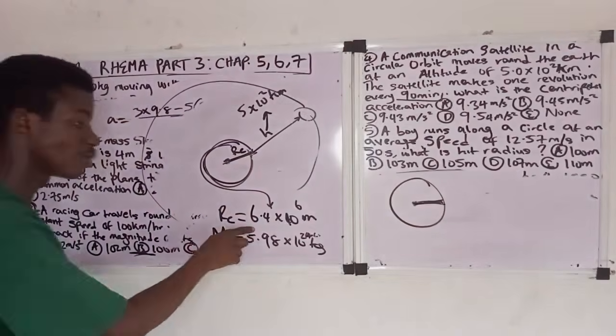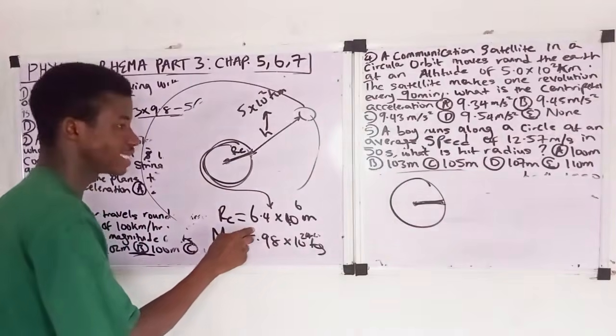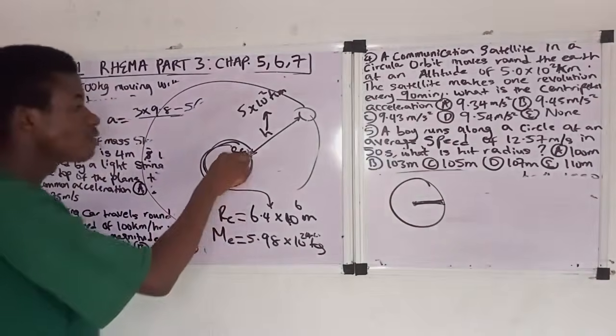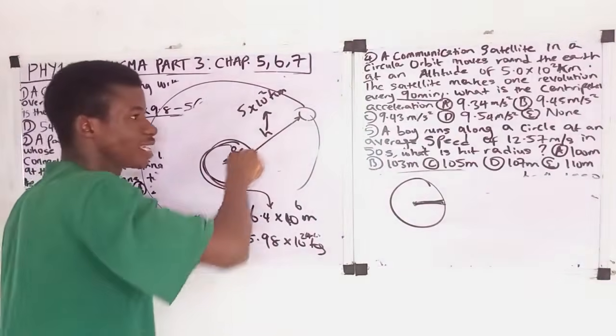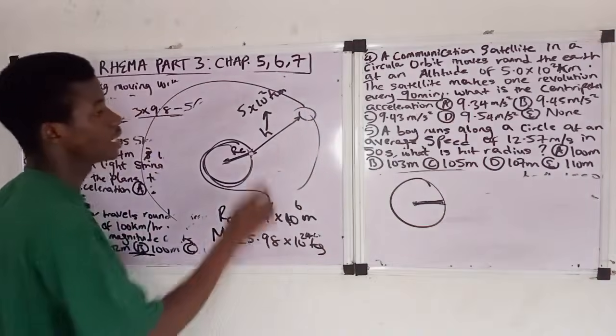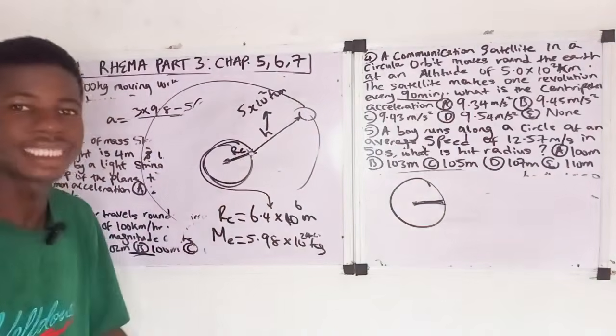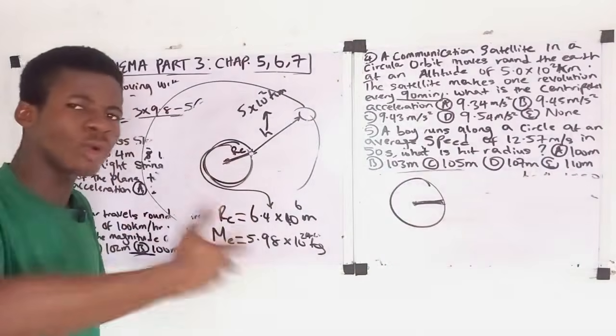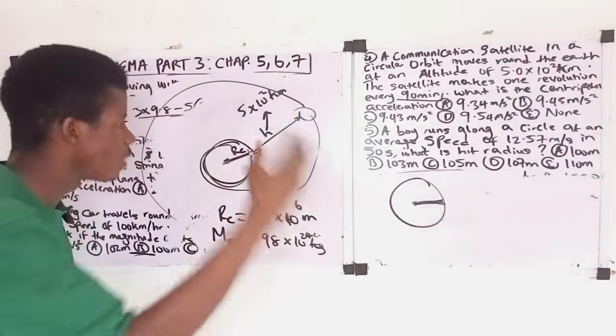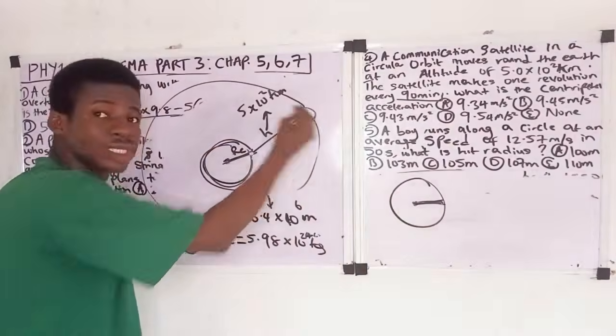Yes. And it's found to be 6.4 times 10 to the 6 meter. Then the distance from the surface of the Earth to the satellite itself is known as the altitude, right? Yes. Now, what will be the total distance from the center of the Earth to the satellite?